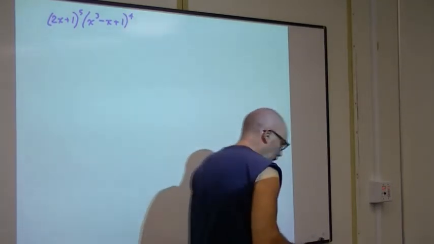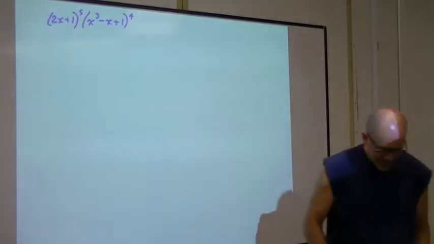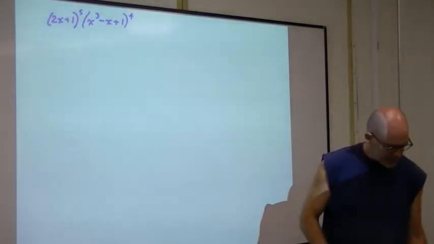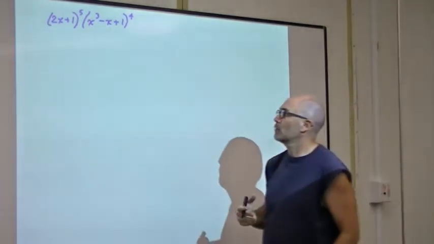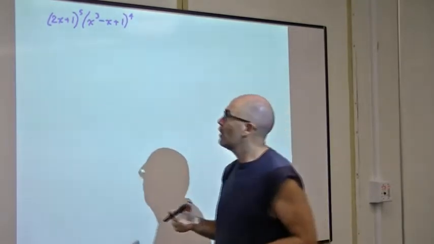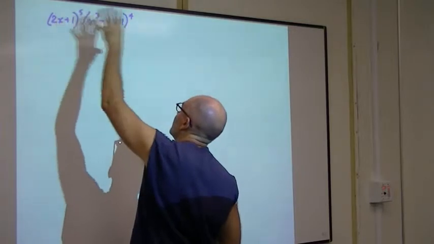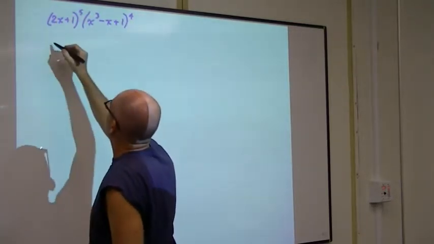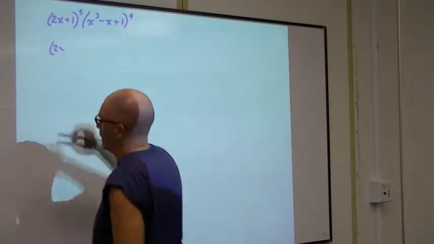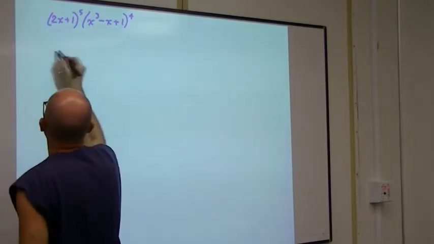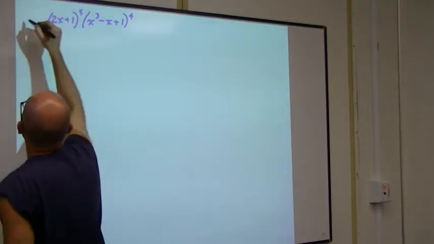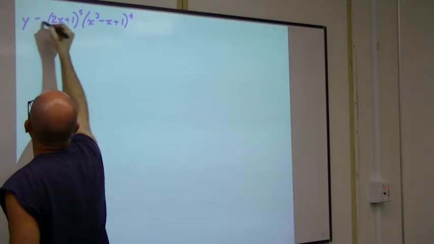All right, so notice we've got a product and we've got a composite. Well, two composites here. So first thing we do is go first times derivative of the second. So y equals that.